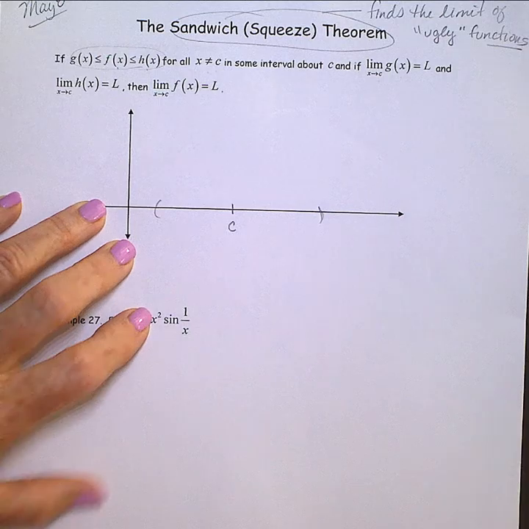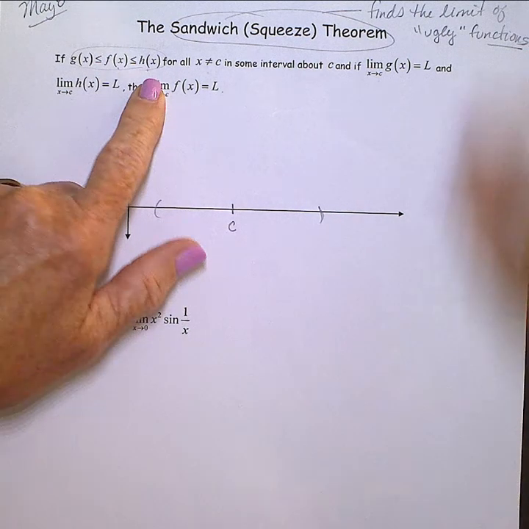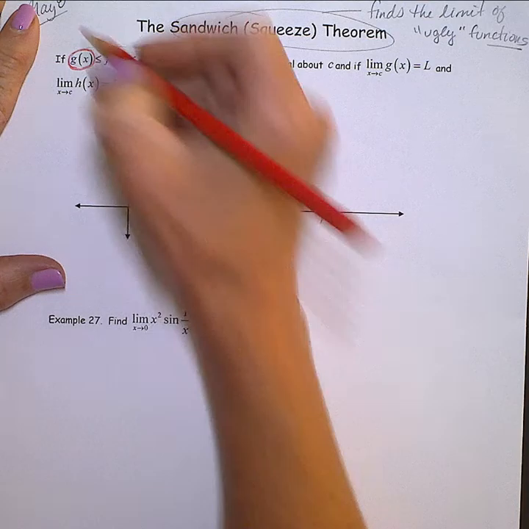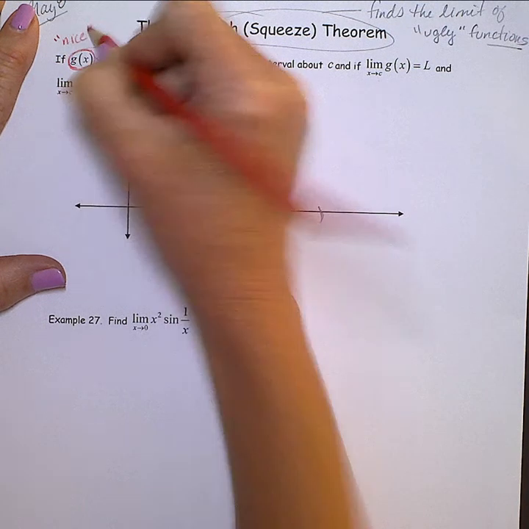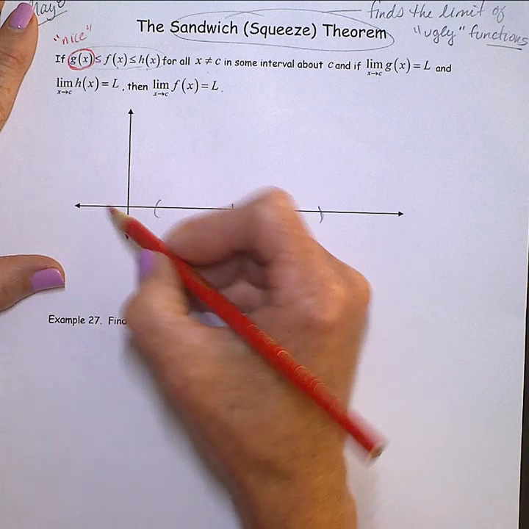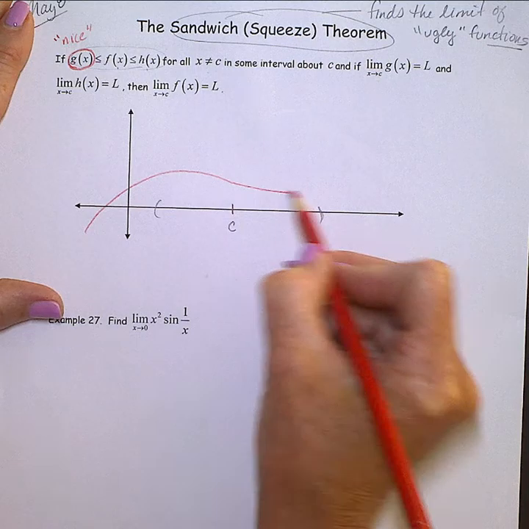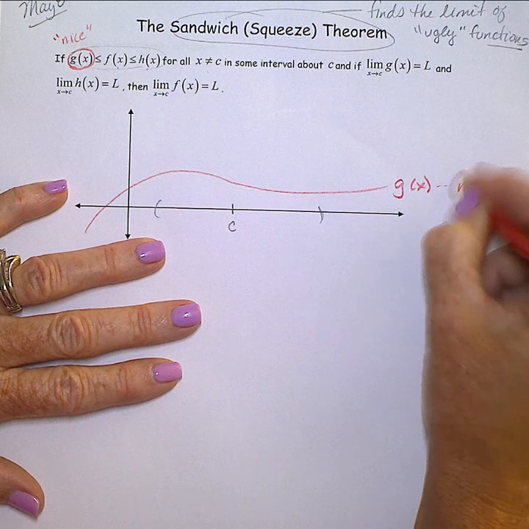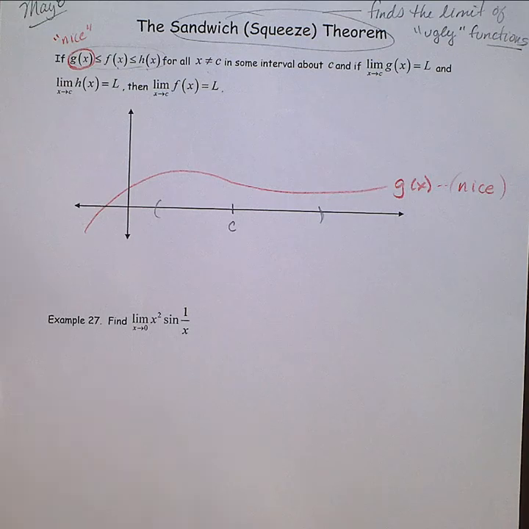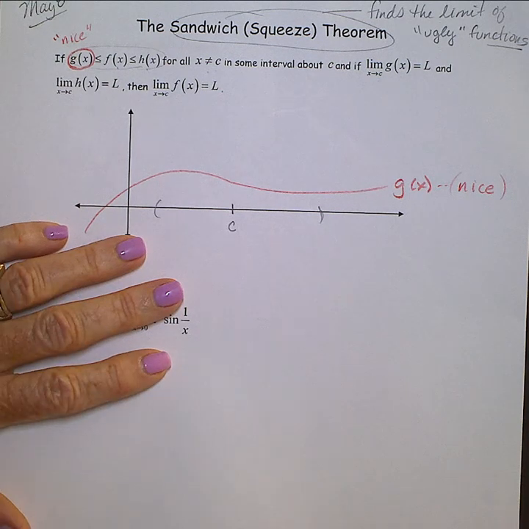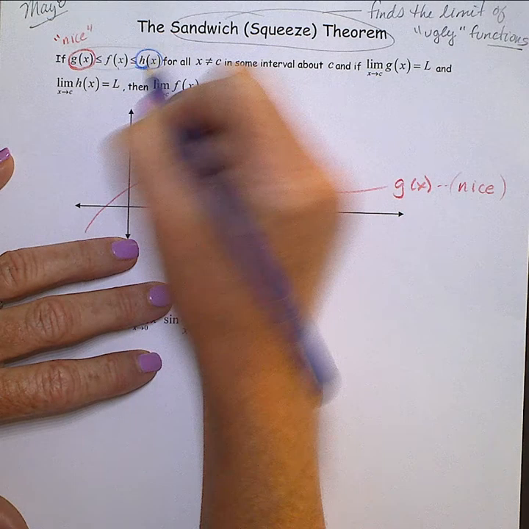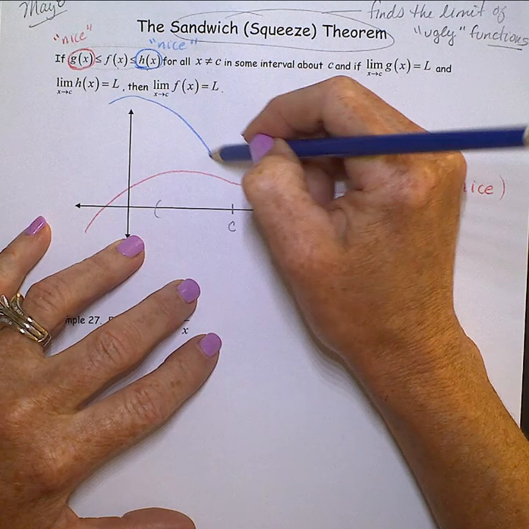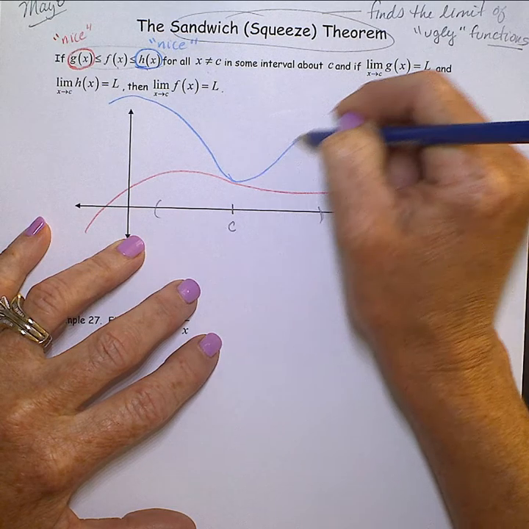You're probably going to want 3 different colored pencils here. g of x is some nice function that you can find the limit of, so let's put some g of x here. h of x is also a nice function, and h might be something like that.